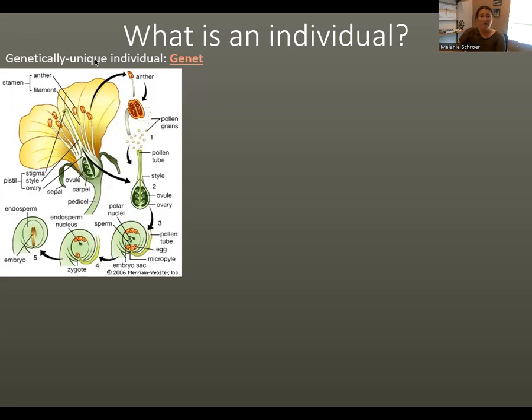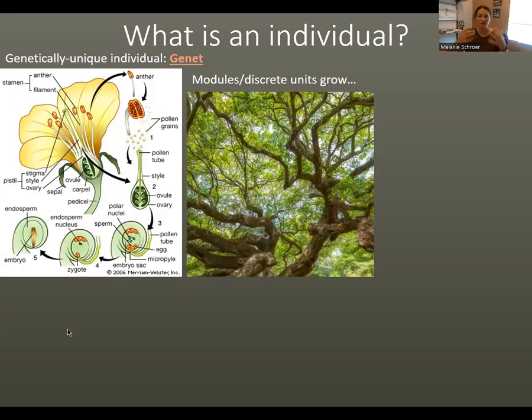So we can call these genetically unique individuals gametes, but plants, as they grow, form more unique or discrete units, and these are different in different organisms and different even within the same organism.